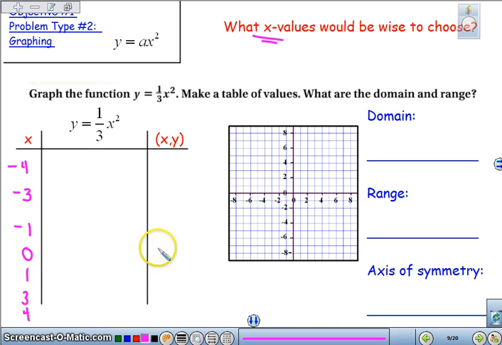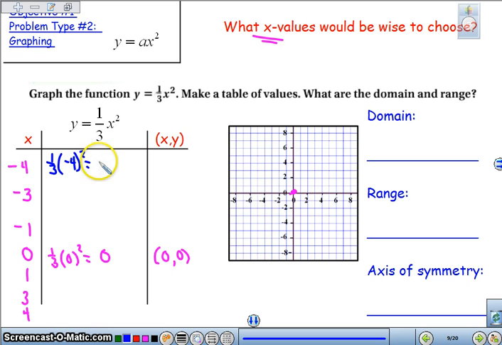Now again, we know that when we put in 0, 1/3 times 0 squared is going to be equal to 0. So the ordered pair, our vertex, is going to be at 0, 0. I now want to take a look if we're replacing the other values. As you do each one of these, remember order of operations. You have to square the -4 first.